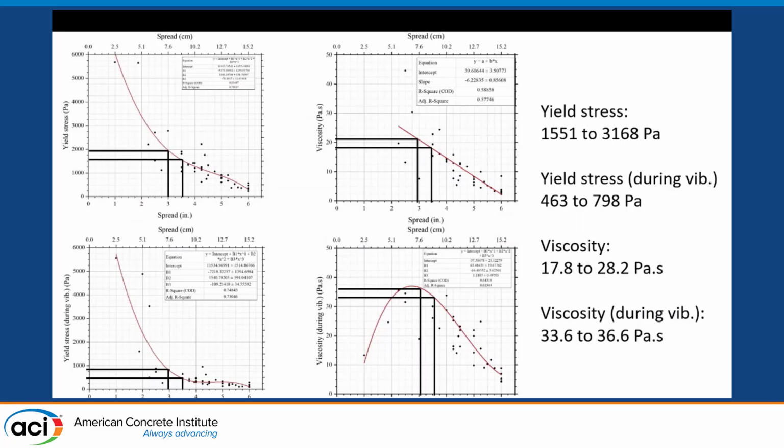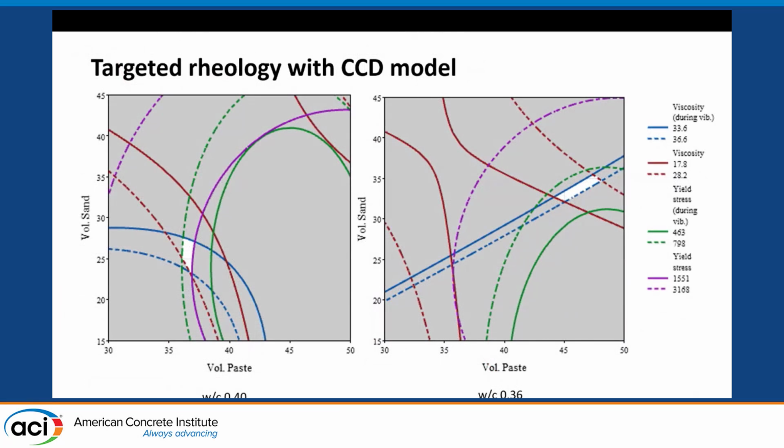So with spread, yield stress and viscosity, it's saying that for my system, the rheology had to be between these numbers for me to be able to print successfully. So going back to the CCD model and putting the numbers that I now know as my boundary conditions, I have these small white zones where I should have successful 3D prints.